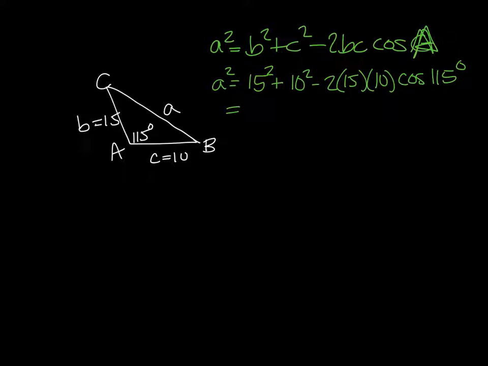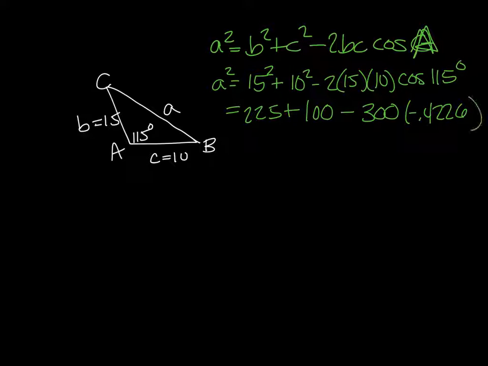And so I just go through and do my work here. 15 squared is 225 plus 10 squared is 100 minus 2 times 15 times 10 gives me 300 times the cosine of 115, which is negative 0.4226, and so on. So we got 225 plus 100, that's 325, minus 0.4226 times 300.